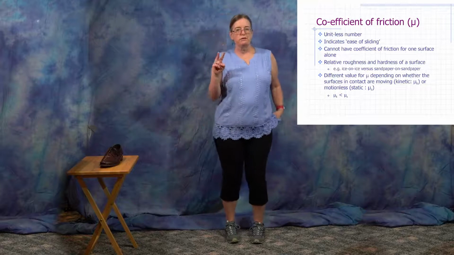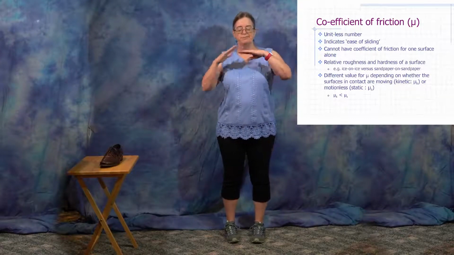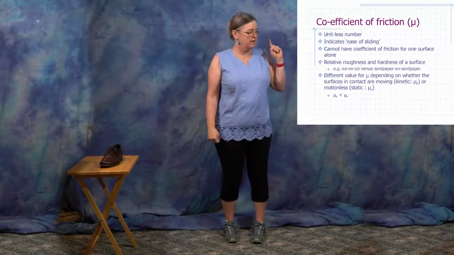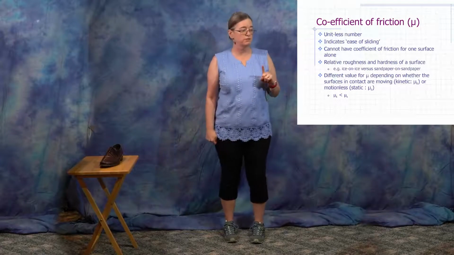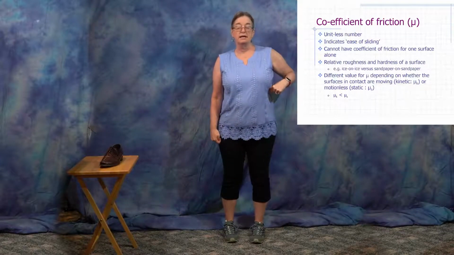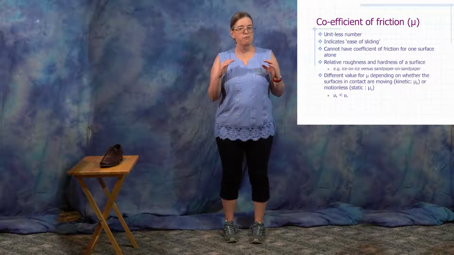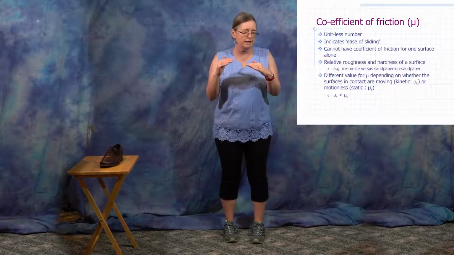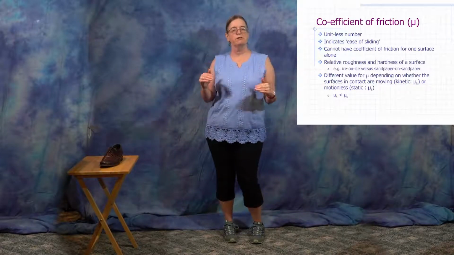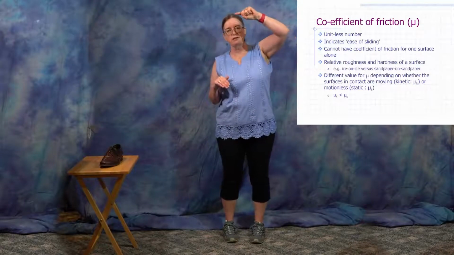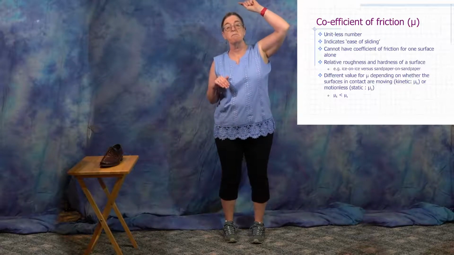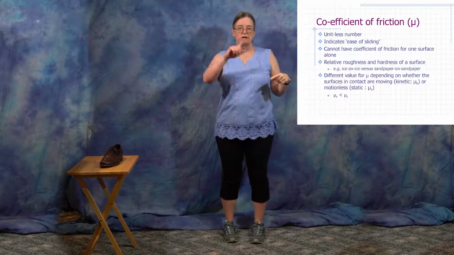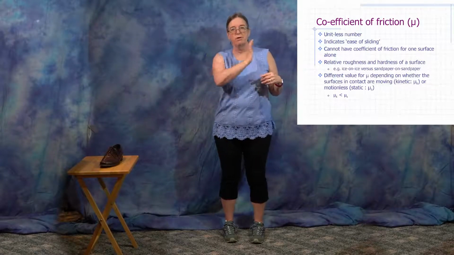And there are two values for each combination of surface. Each combination of our surfaces will have one for when it's moving, which is the kinetic coefficient of friction, and then one for when it's not moving, called the static coefficient of friction, and that static coefficient of friction reflects the friction at that maximum static friction. So it's reflective of the maximum static friction that you can get, because of course static friction varies depending on what the applied force is.